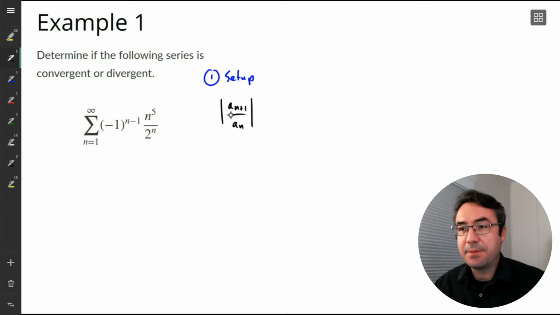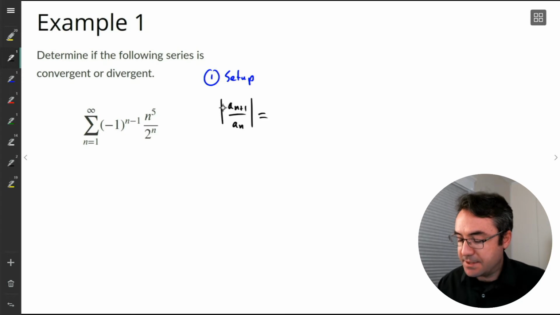All right, so what's an plus 1? Well, it's our an term where we've changed all of the n's that we see to n plus 1. So it's just the next term in our sequence, essentially. an is the nth term, and an plus 1 is the term right after that.